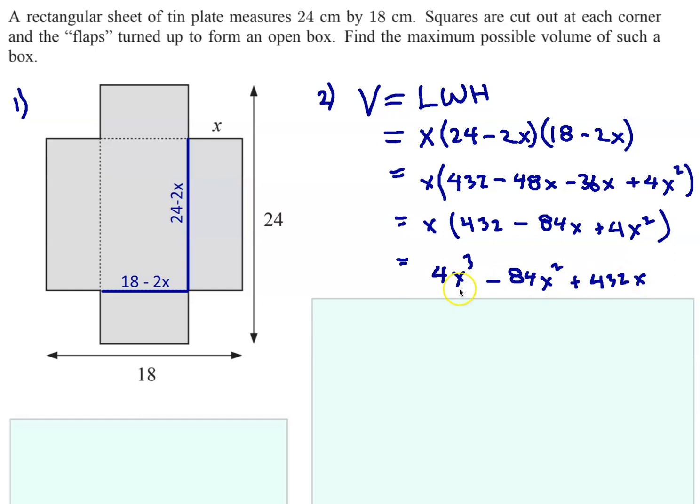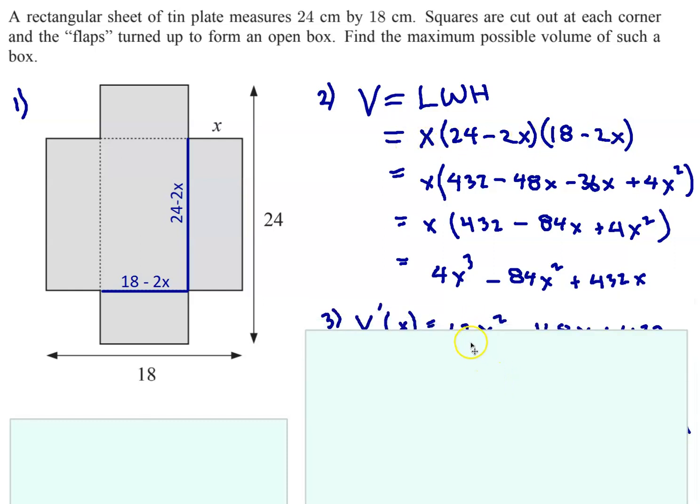So this expression here is much easier to differentiate than that one. Okay, step number 3, find the derivative. Well, that's pretty straightforward: 12x squared, take 168x, plus 432.